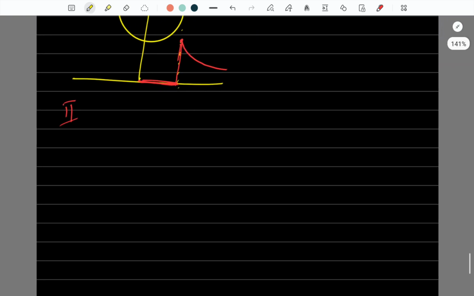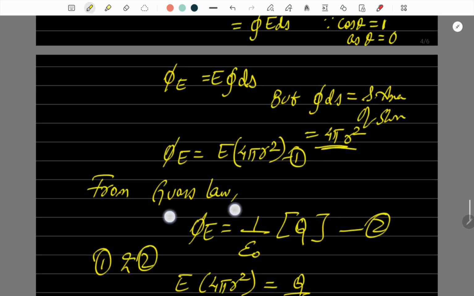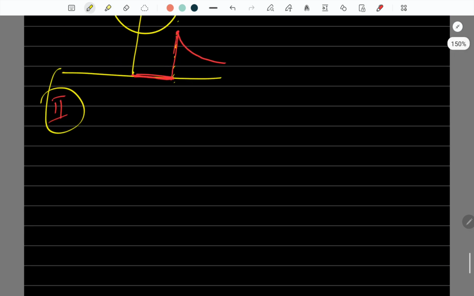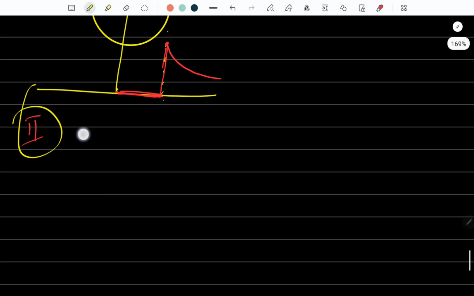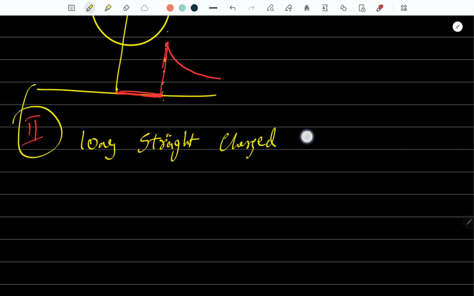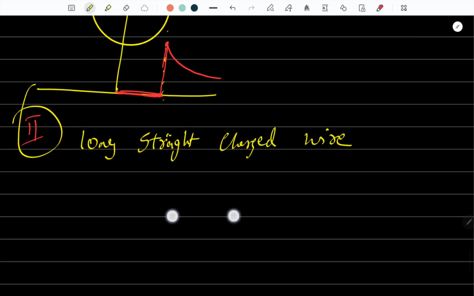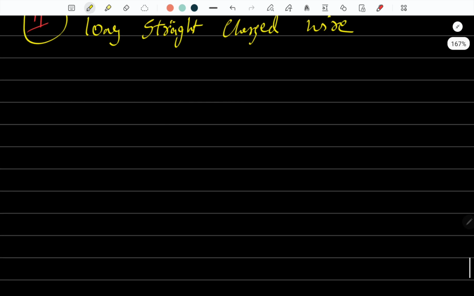Okay, now for the second one, we are going to start with a long straight charged wire. Okay, another important previously asked question.